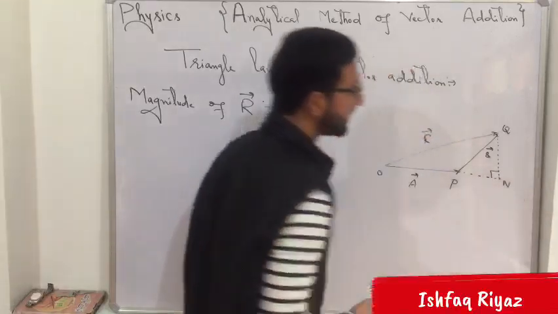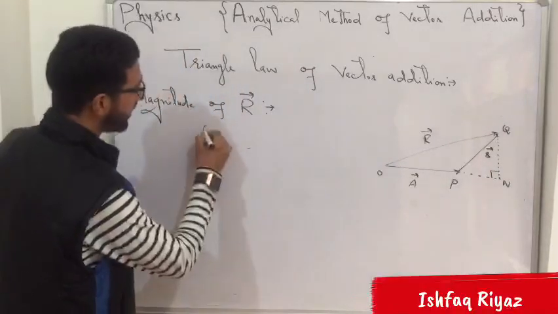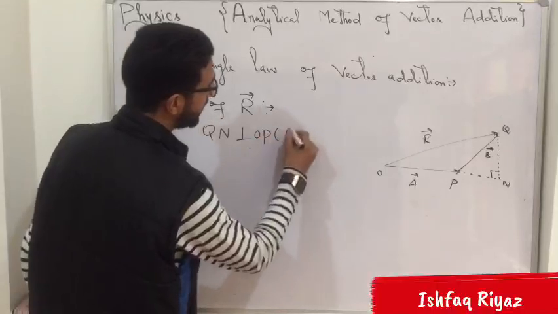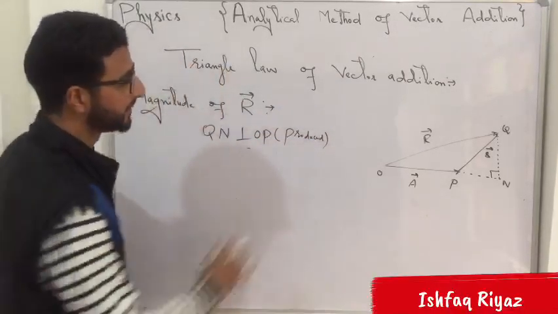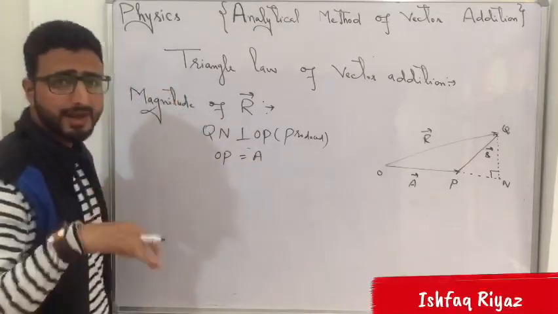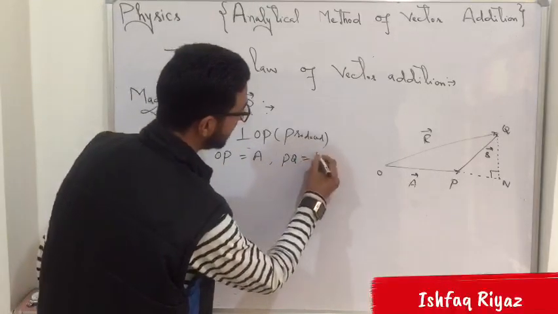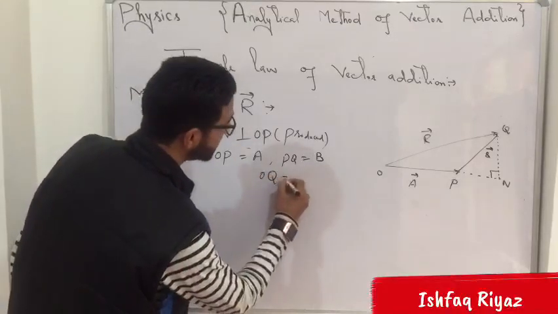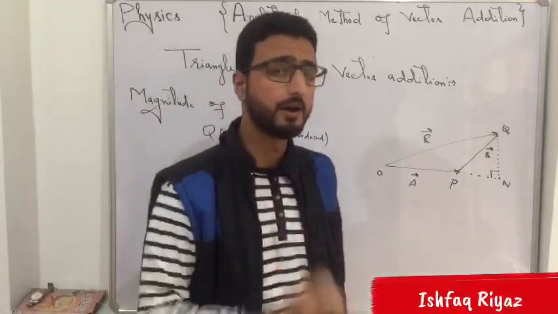So this will be a right angled triangle, PNQ. Let OP be equal to A, that is the magnitude of vector A. PQ is equal to B, the magnitude of vector B, and OQ, suppose it is equal to R, that is the magnitude of the resultant vector R.